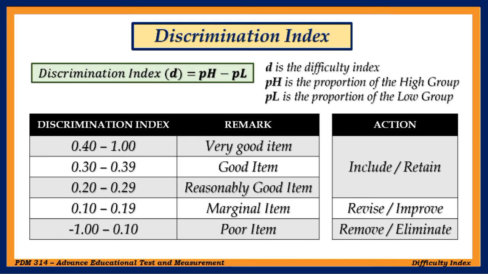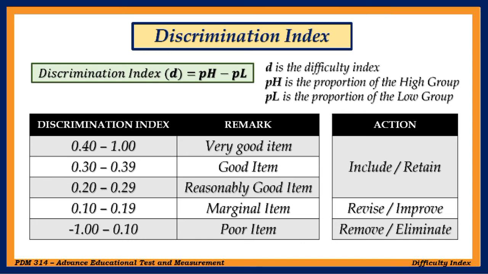Discrimination index can be solved using the formula D equals the proportion of the high group minus the proportion of the low group. If the discrimination index ranges from 0.4 to 1, it is considered a very good item. If it is 0.3 to 0.39, it is a good item.